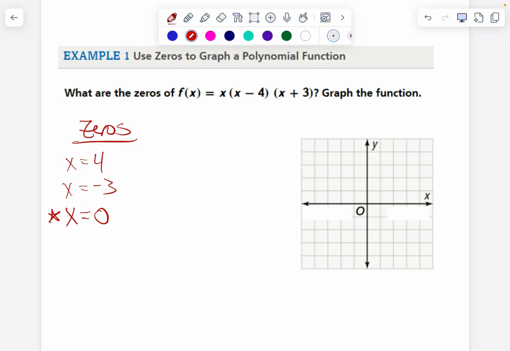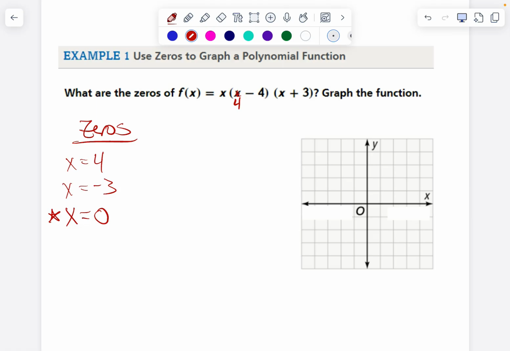Okay. So any x's in this factored polynomial represent zeros. If it's just by itself like this one, then that would be 0 as a 0. Okay. Remember the idea of a 0 is if I plug in, like in this case, if I plug 4 for x, it makes the whole thing 0.